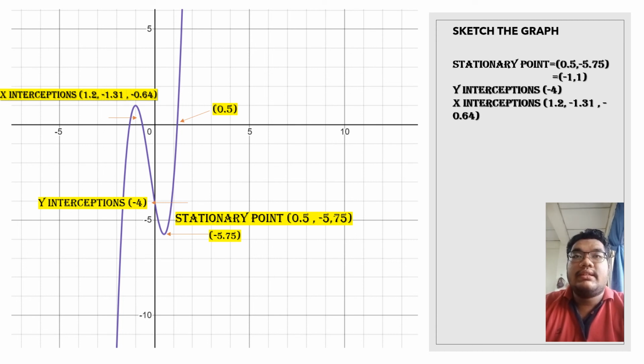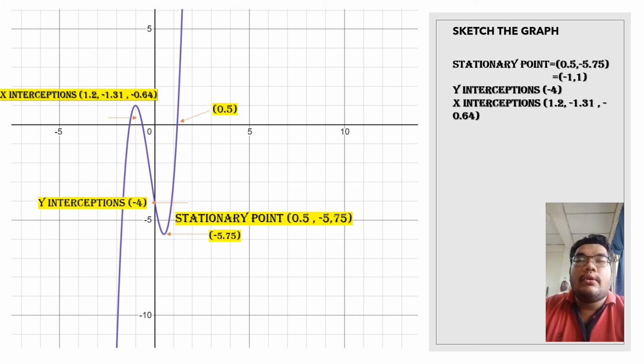So to sketch the graph for question number 4, first we need to identify the few main points, which are the stationary points, y intersection, and x intersection. My friend previously showed you how to get the values for these main points. For the x intersection, the main points are 1.2, 1.31, and negative 0.64.